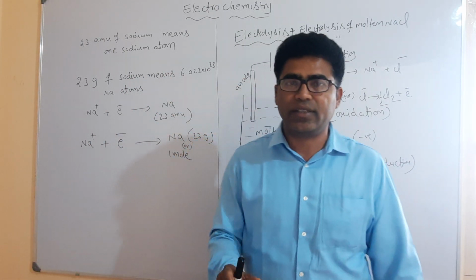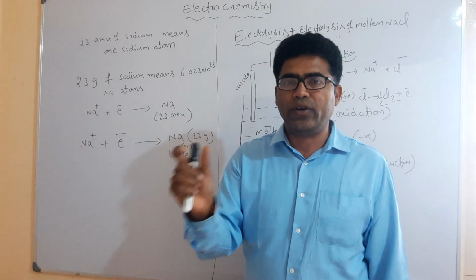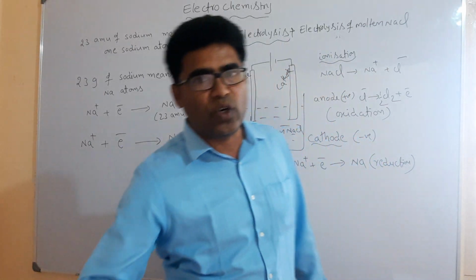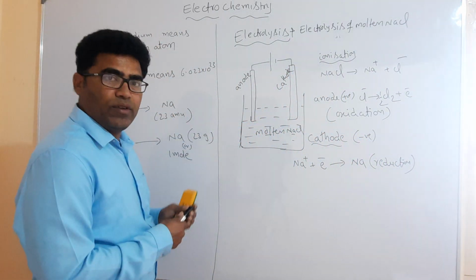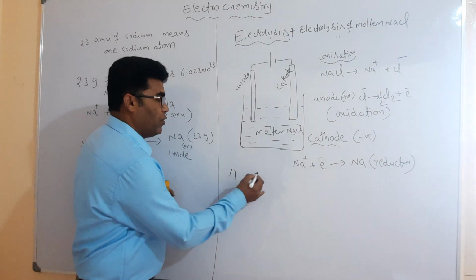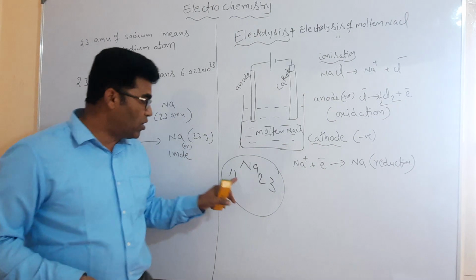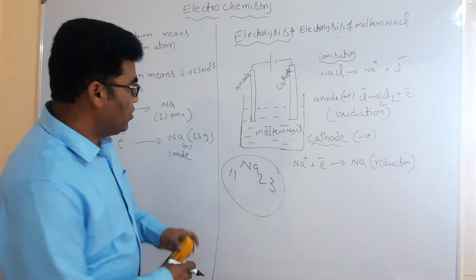This is the basis for every topic. So hydrogen 1 1, helium 2 4, lithium 3 7, like that you keep on moving. Sodium 11 23: the atomic number of sodium is 11 and the mass number is 23.